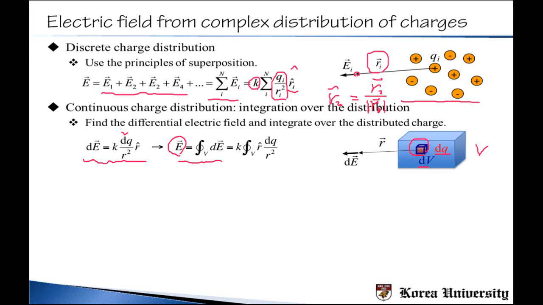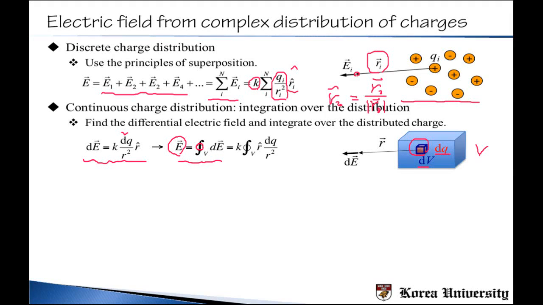If you are not familiar with this integration symbol with the circle here, what it means is that you are integrating over the entire volume. You are not integrating over a small piece, but over the entire volume or sometimes the entire area.